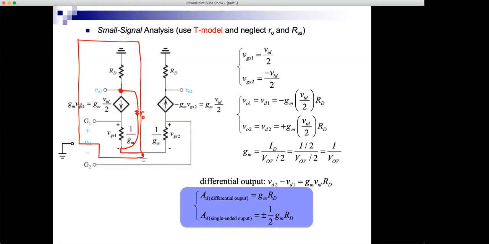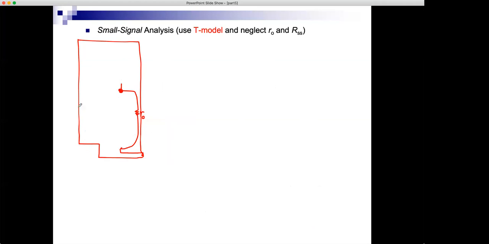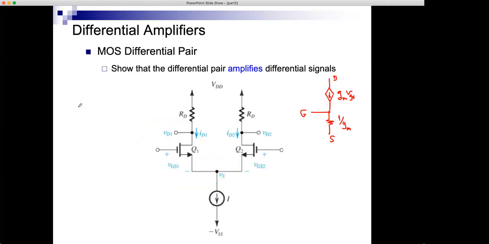So if we go back to our MOSFET circuit, this is the half circuit on the left, and this is the half circuit on the right. When the two are applied differentially, so plus VID over 2 here and minus VID over 2 here, we get a virtual ground.